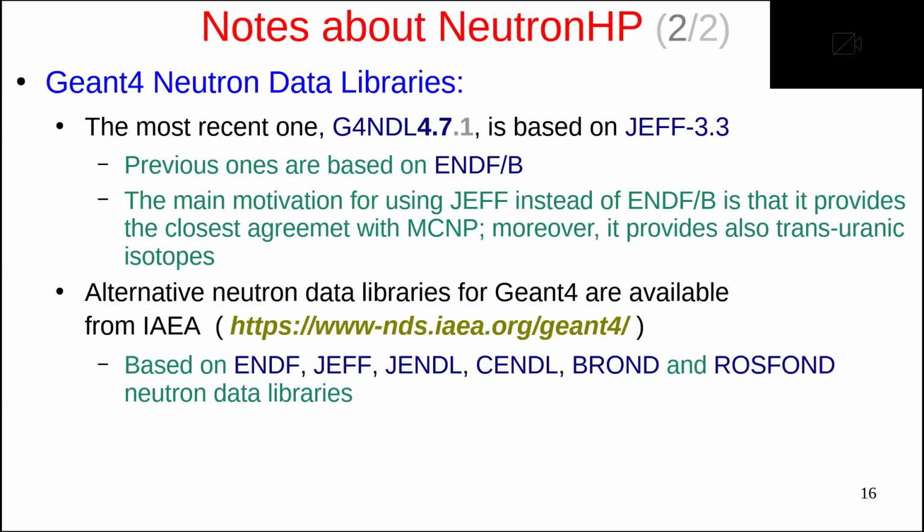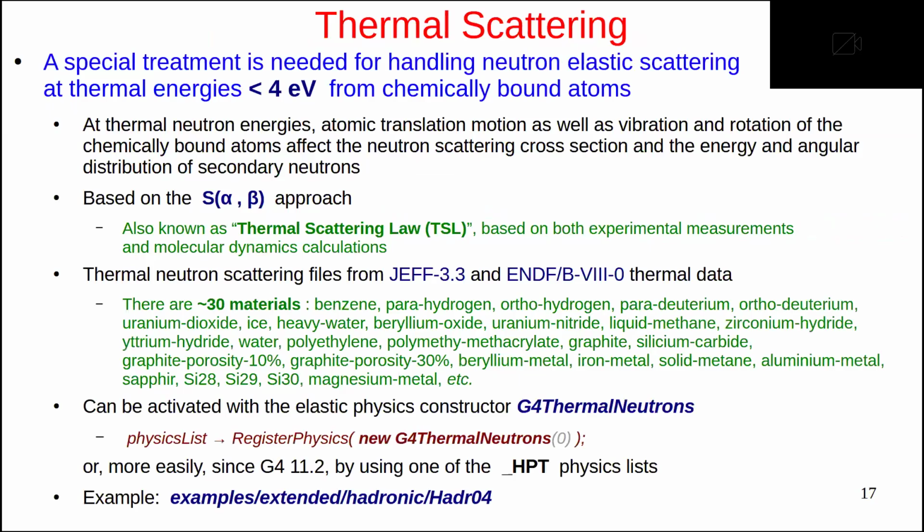And you can find the one usable for Geant4 for all of them, in the case that you need to do some systematic studies or for some reason you want to use one of these different ones. Otherwise, by default, without doing anything, you will get this G4NDL 4.7.1 when using 11.3, which is based on JEFF 3.3.